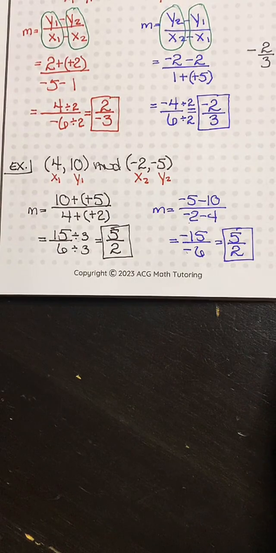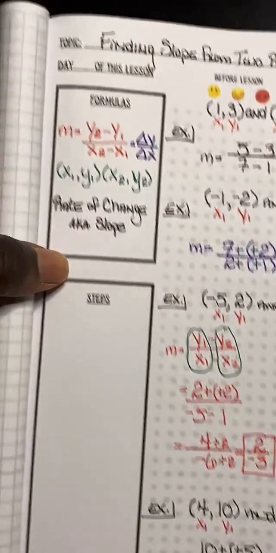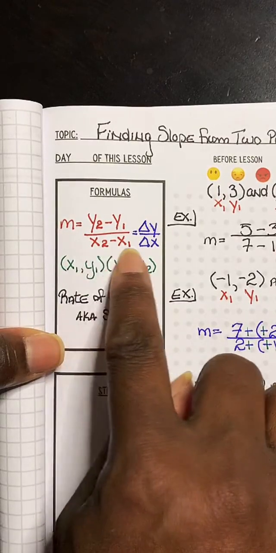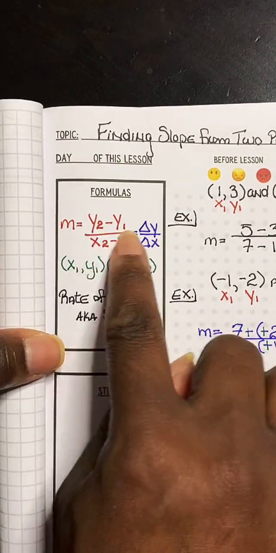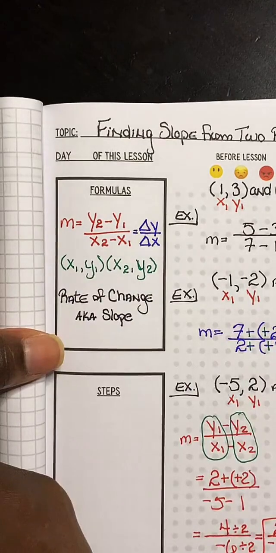Calculate distance with x and y. Basically, your distance formula is this formula. It's the difference of your x's squared plus the difference of your y's squared. And it's all underneath a square root.